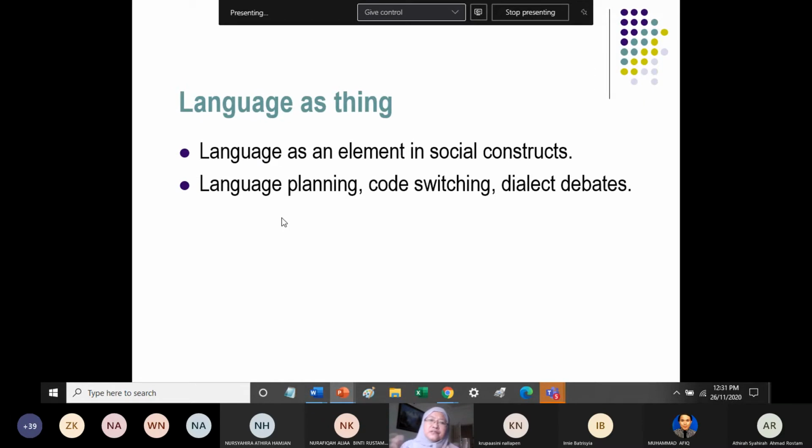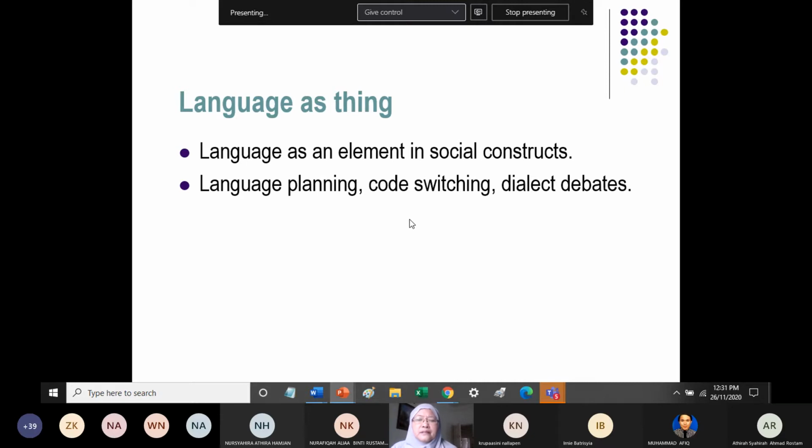So the change of language used in schools, for example, is part of language planning. Although in the overall country, we know that Malay is the bahasa rasmi, bahasa kebangsaan, and English is the second language. But sometimes for certain purposes, that can vary.